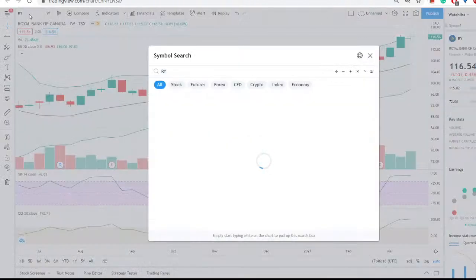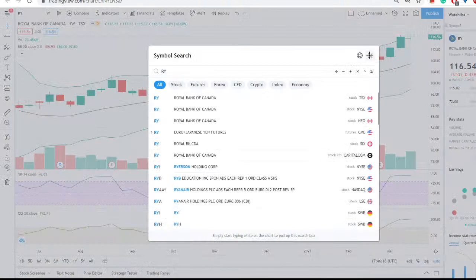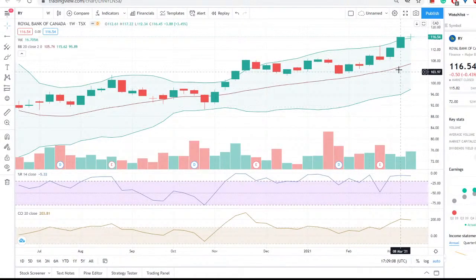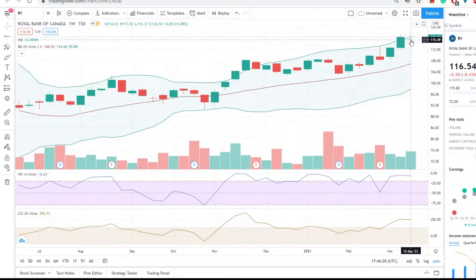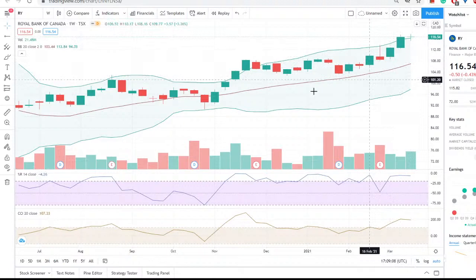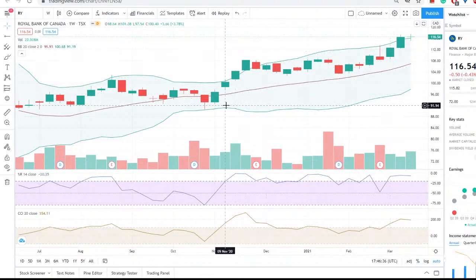But if you look very carefully, they have all been valid from November onwards, and each one of them has given about 35 to 40% return. Every bank on TSX, without exception.